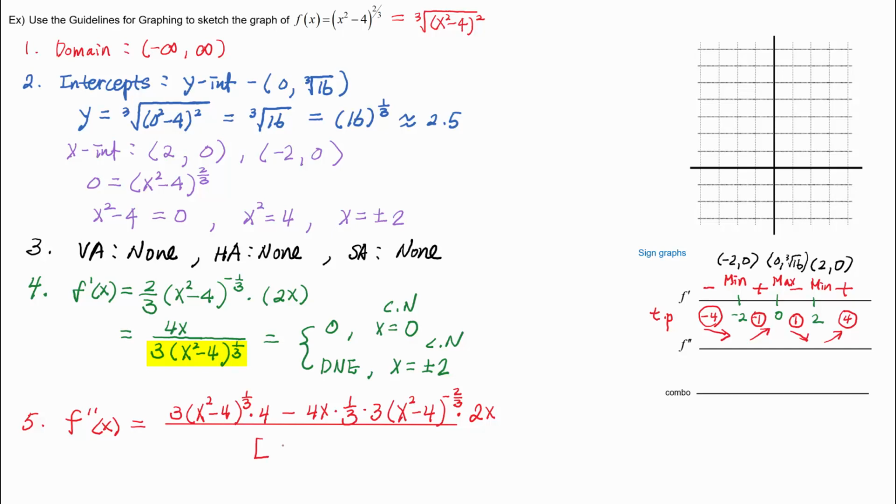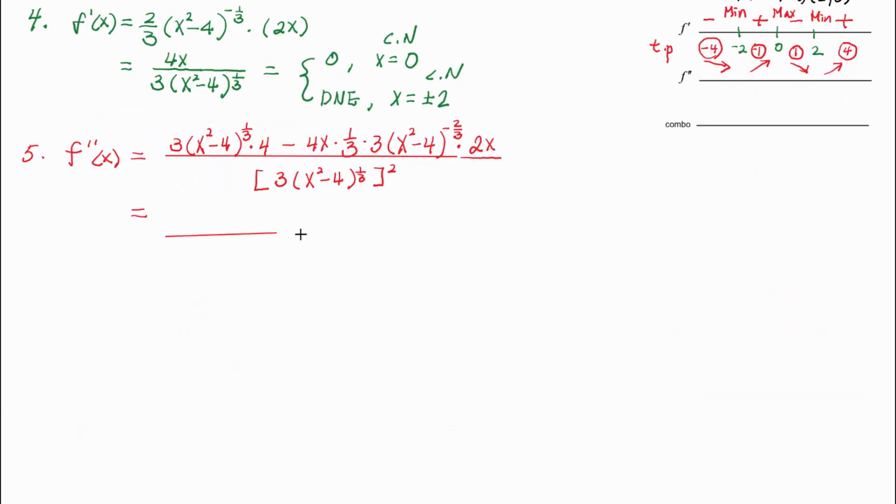So we're going to square the whole denominator, and my denominator was the product 3 times the quantity x squared minus 4 to the 1/3 power. So we're going to square this whole thing, which is equal to... let's simplify a little bit so we can see better. So 3 times 4, I have a 12 times quantity x squared minus 4 to the 1/3 power.